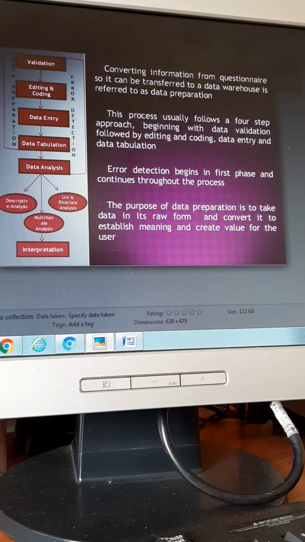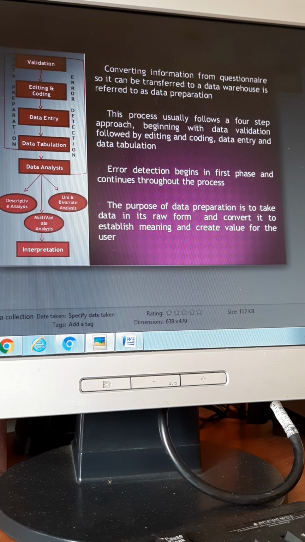So what happens is converting information from the questionnaire. In the questionnaire it's all data, it has to be converted to good information, otherwise it will all be numbers. Like for instance, respondent number 1, 2, 3, 4, 5, 6, and what have they responded, 4, 3, 5, 6, 5, 3, 4, like this.